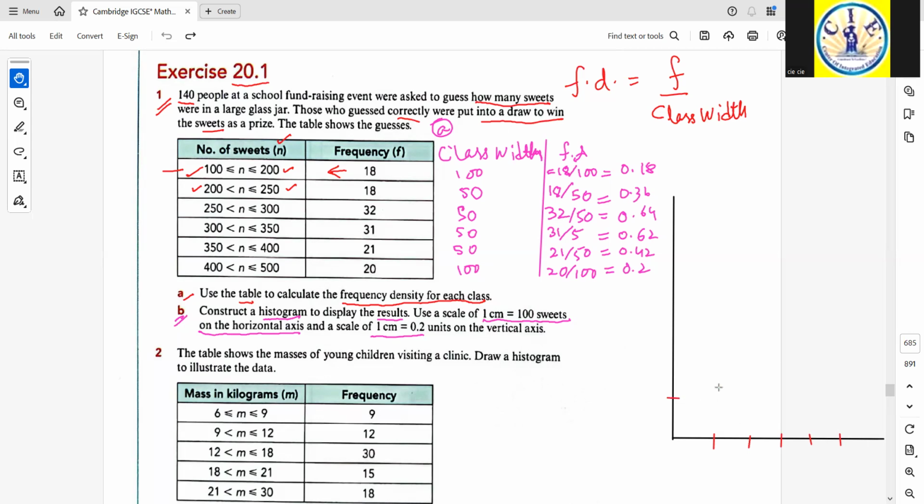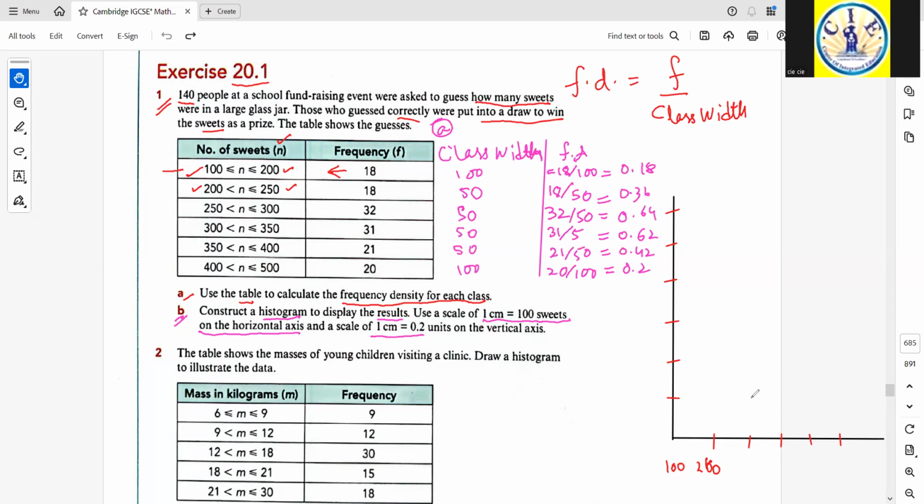Like this is 1 unit, 1 unit, 1 unit, 1 unit, 1 unit. Okay, let me now label them. If I start from 100, this would be 200.